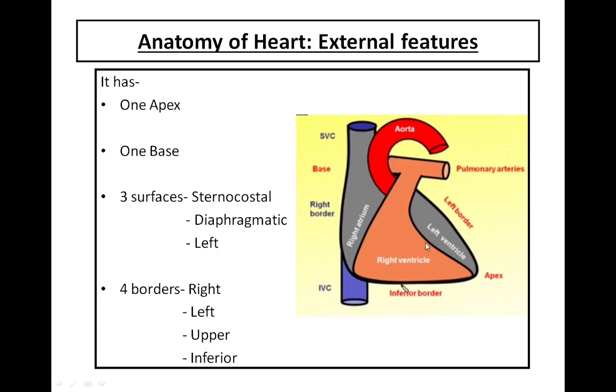Then come to the surfaces, three surfaces. One is sternocostal. This anterior aspect is called sternocostal because it is related to the sternum as well as costal cartilages. Then this inferior surface, here it is border, but the inferior surface is the diaphragmatic surface, because this surface is related to the diaphragm.